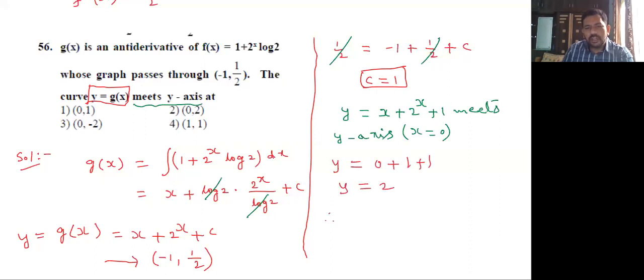Therefore, where the curve meets the y-axis, the point we need to find: x is equal to 0, y is equal to 2, that is 0 comma 2. At this point the curve intersects the y-axis. So which option is correct, students? Second option is correct. Next question.